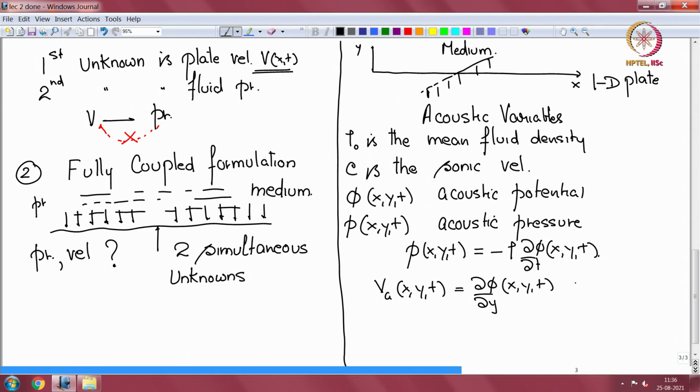We will be interested in the y direction velocities. Then k0 is the acoustic wave number, given by omega by c.